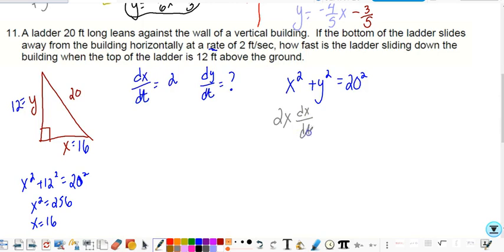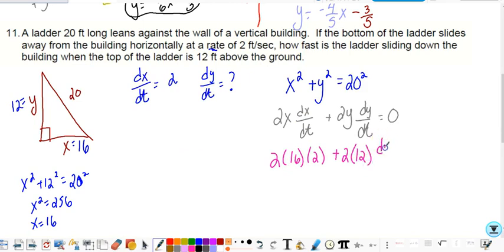Everything gets a dt. Plug in what I know. x is 16, dx/dt is 2, y is 12. Have to calculate dy/dt.